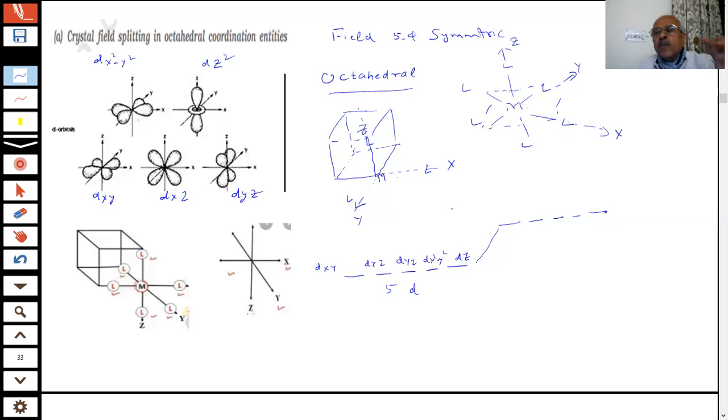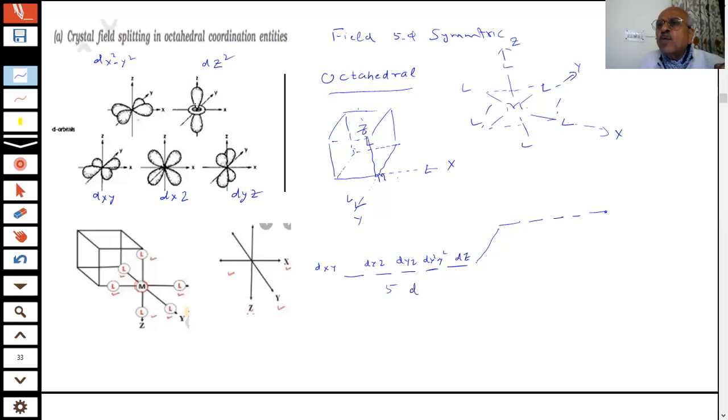As the ligands approach in the octahedral case, these two orbitals are more directed towards the ligands. The ligands come from the x, y, and z axes. These will interact more strongly with the negative charge, because inside the d orbitals you have electrons, which are negative, and the ligands are negative too.